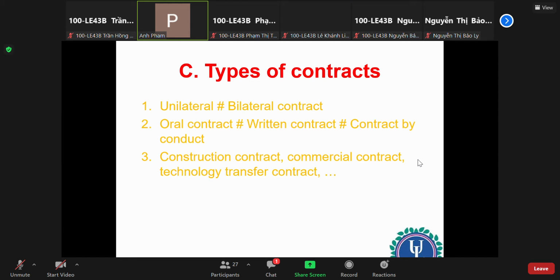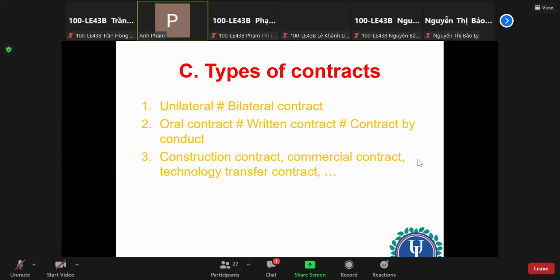The first one: we have unilateral contract and bilateral contract. It's subject to the parties to the contract. If that contract is entered into by one party only, it is a unilateral contract.